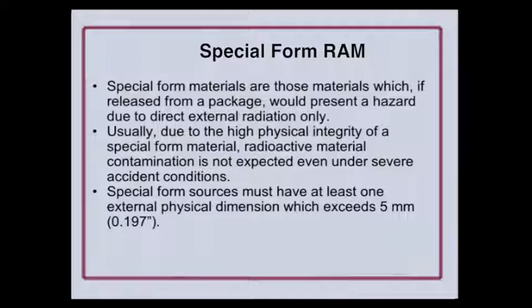There is a restriction on the dimensions for a special form. It must have at least one external physical dimension that's greater than 5 millimeters. It's got to be at least 5 millimeters, 0.197 inches, not very big, but it has to have at least one physical dimension that big or bigger.